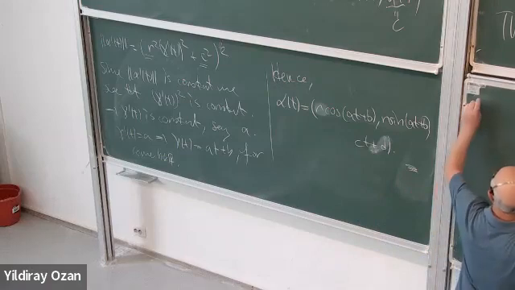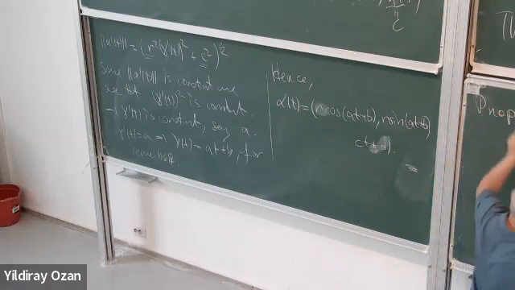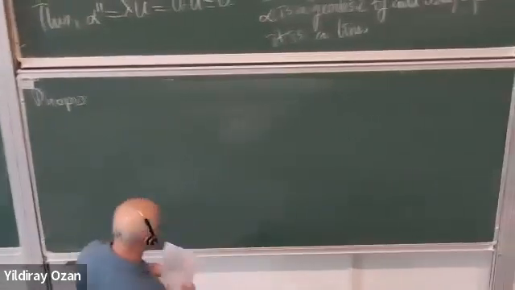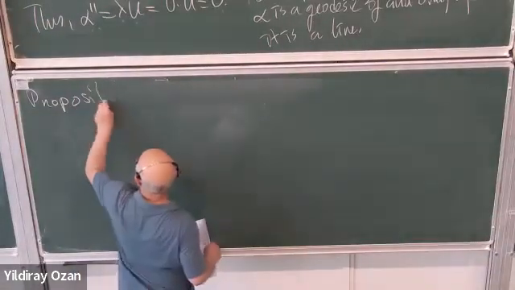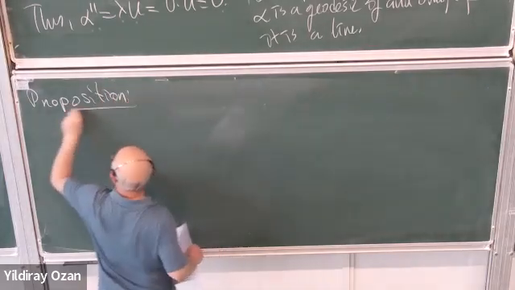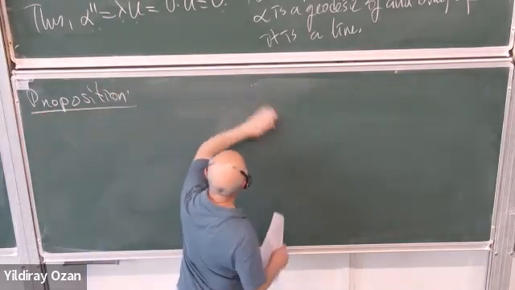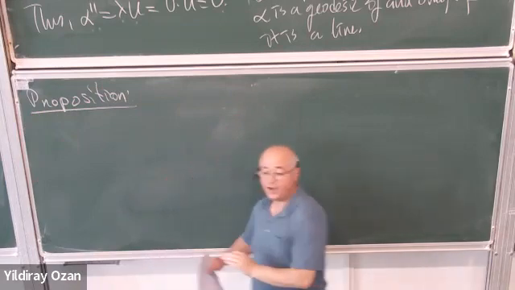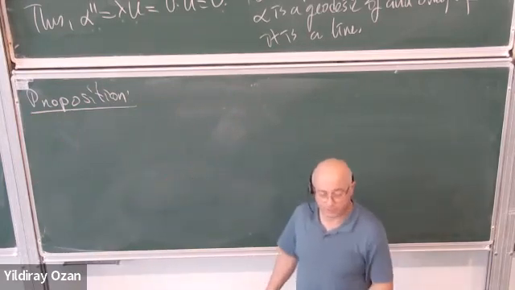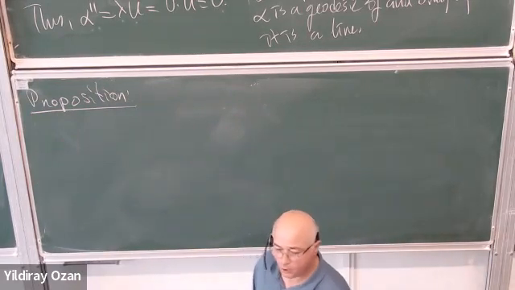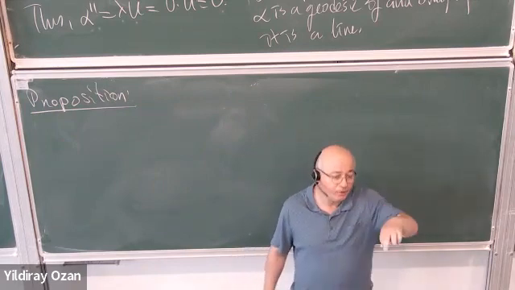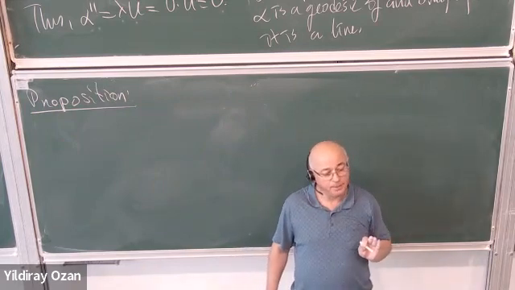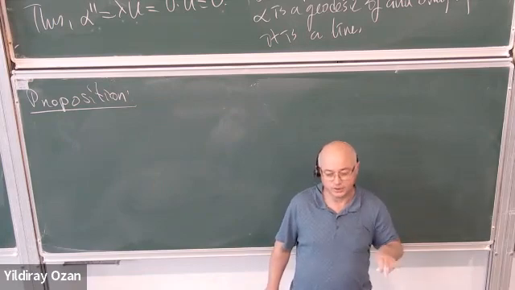Here is a proposition. As I said, in general, finding geodesics on a surface is not easy. But we know that through every point on a surface there pass infinitely many geodesics.